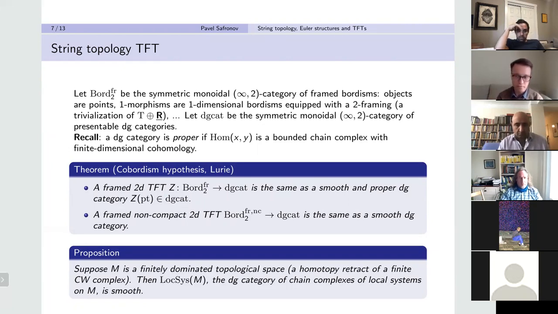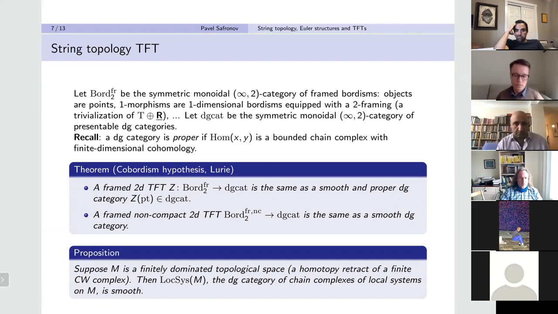So for instance, if you have something that is homotopy equivalent to a finite CW complex, then you get a smooth DG category. Which means that by the cobordism hypothesis, whenever you have a finitely dominated topological space, you get a 2D TFT. Okay, so I want to call this the string topology TFT, and basically the rest of the talk will be about explaining why I call it that.